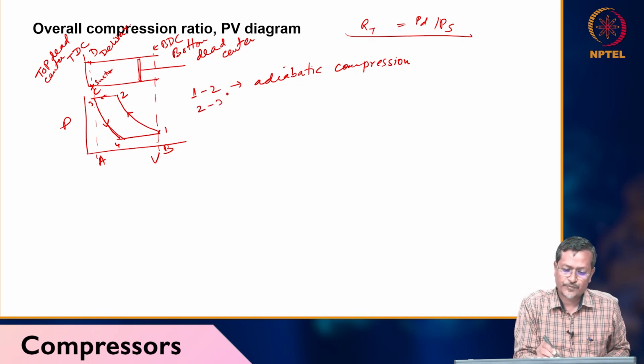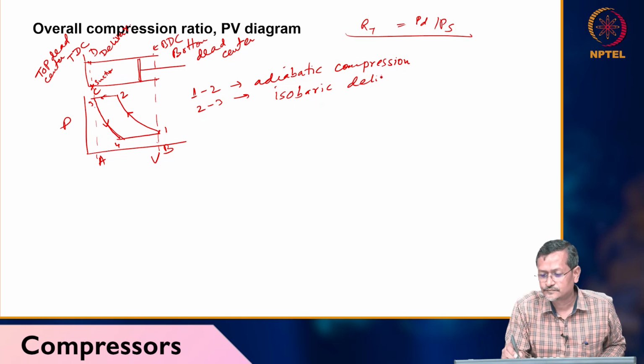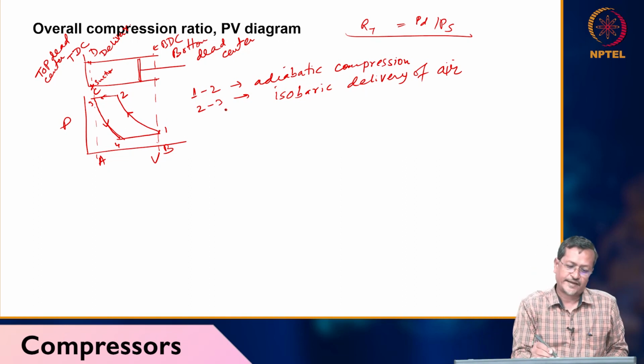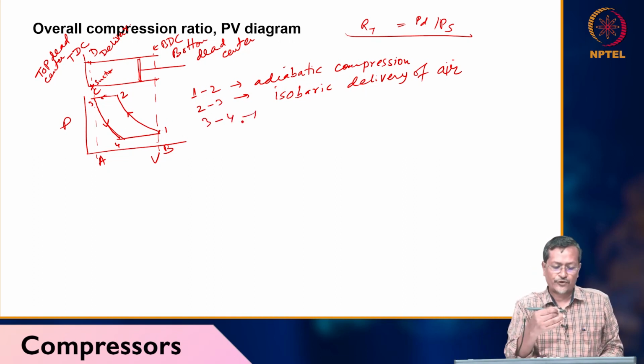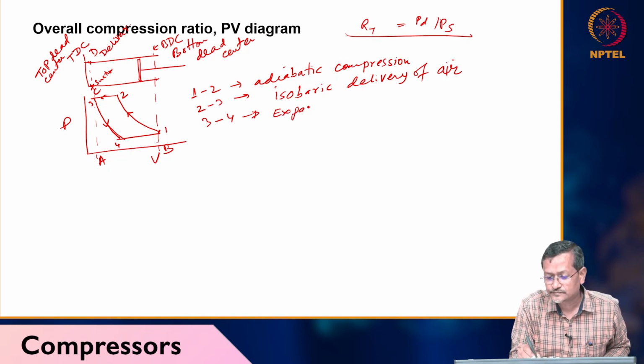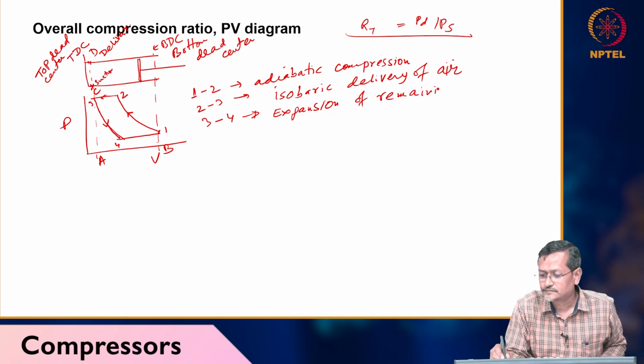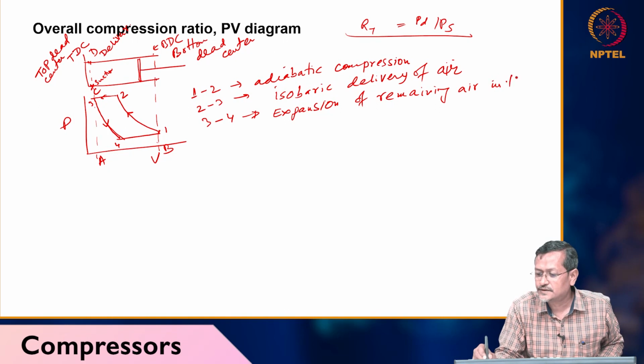2 to 3 process: it will be the delivery process, constant pressure or isobaric, I can say isobaric delivery of air to your cycle tube. And 3 to 4 is actually the amount of air remaining, that is, expansion of the remaining air in the cylinder.